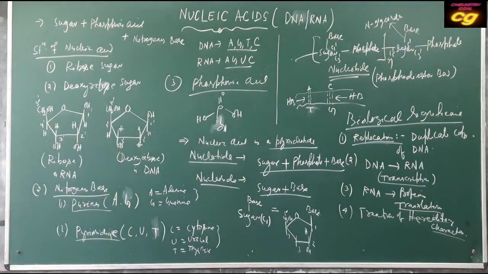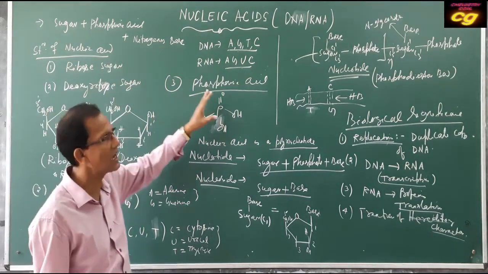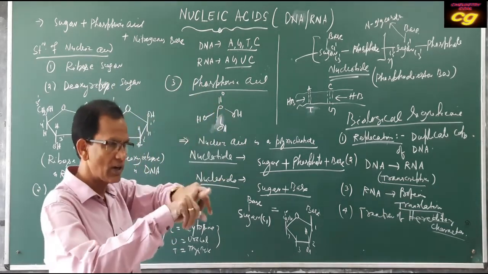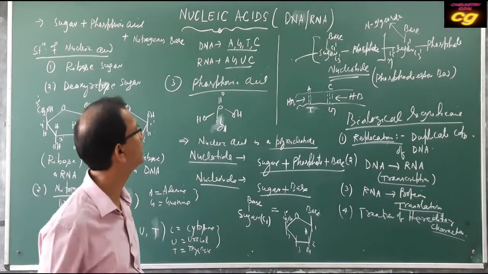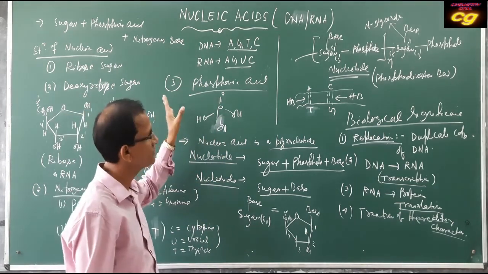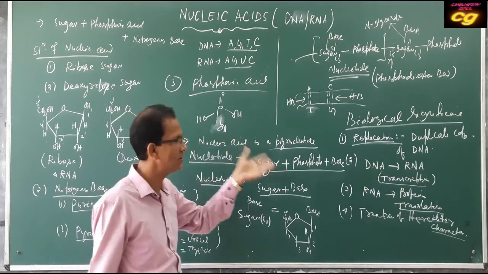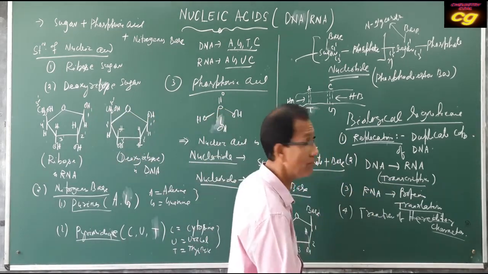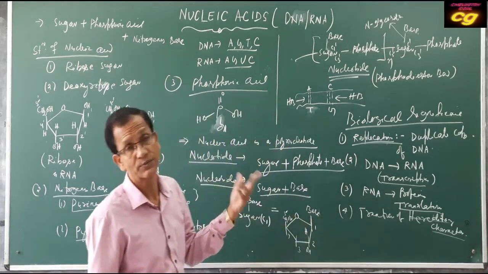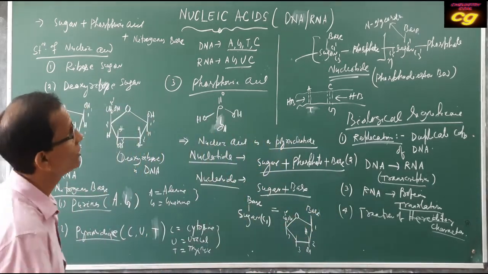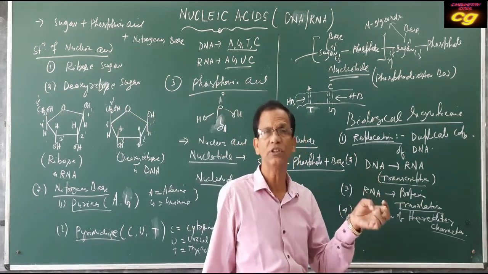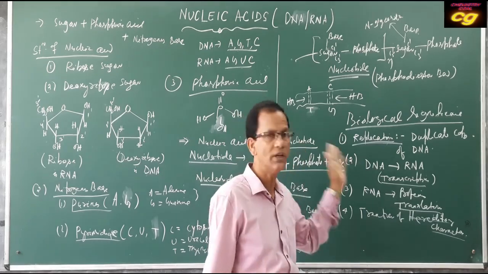DNA is double stranded, with two strands joined to one another, and RNA is single stranded. Protein is mainly synthesized by RNA, and DNA is mainly responsible for transfer of hereditary character. So this is about nucleic acid structure, biological significance, and the difference between DNA and RNA.